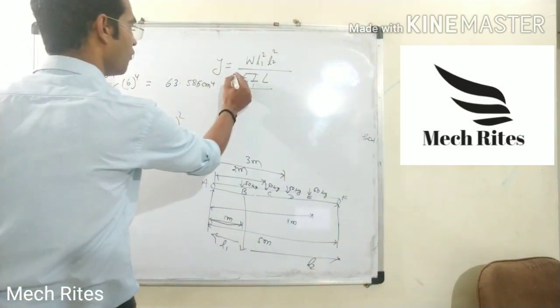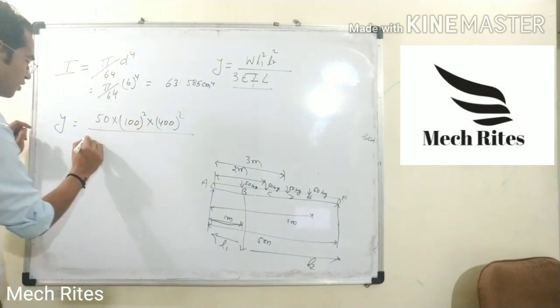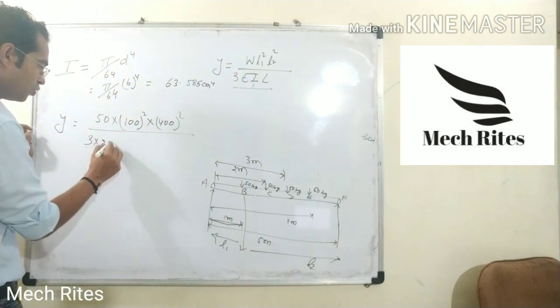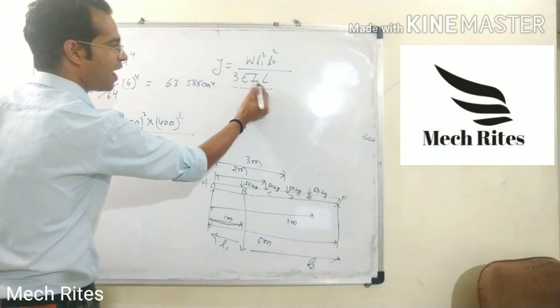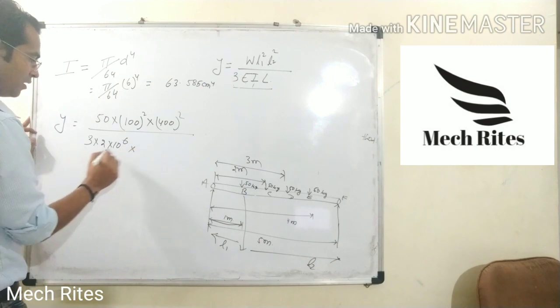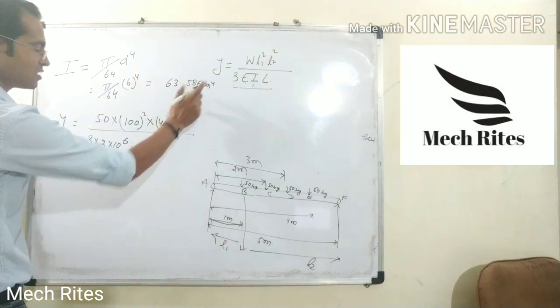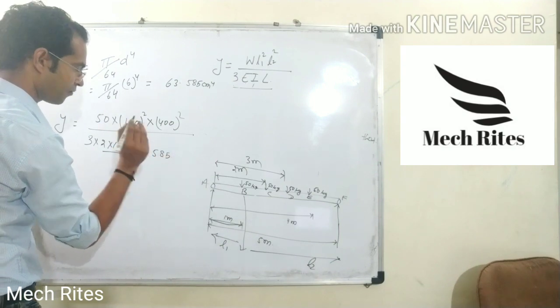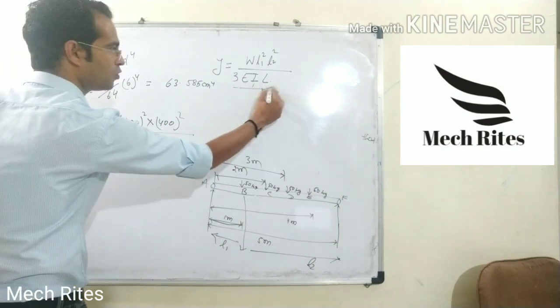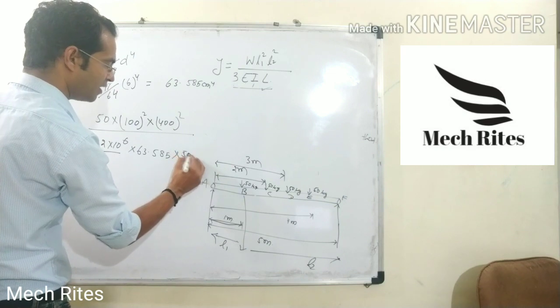So the formula is 3EIL: 3 into 2 into 10 to the power 6, the I value is 63.585, multiplied by L, the total L is 500 centimeter.